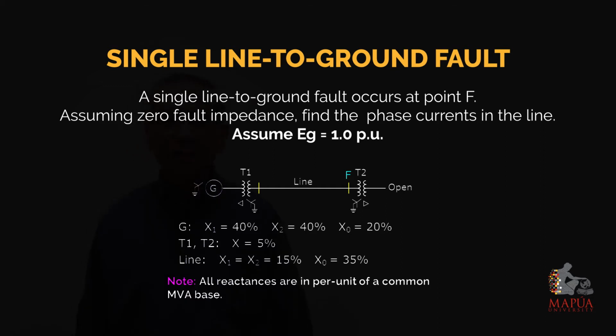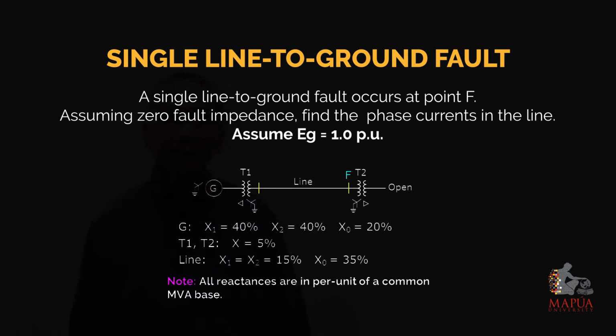For transformers T1 and T2, the reactances are equal to 5%. For the transmission line, the positive and negative sequence reactances are 15%. The zero sequence reactance is 35%. Note, all reactances are in per unit of a common MVA base, meaning all the reactances are already adjusted based on a common MVA base.